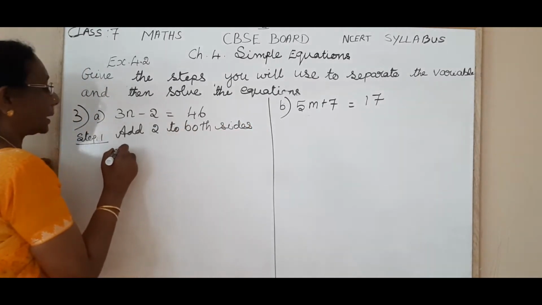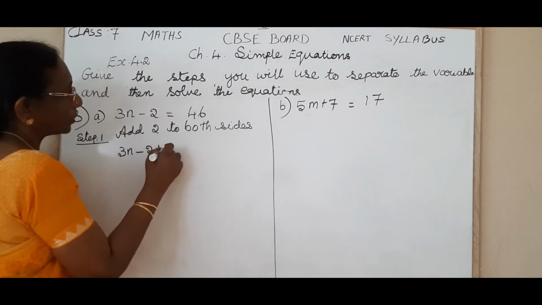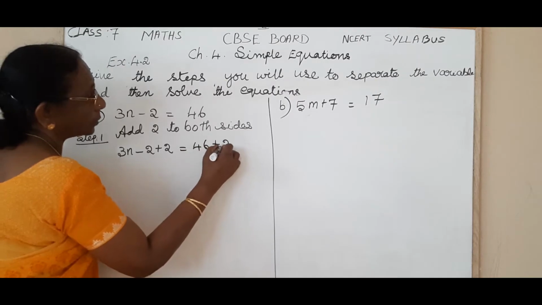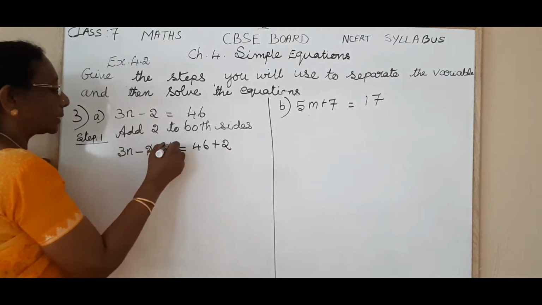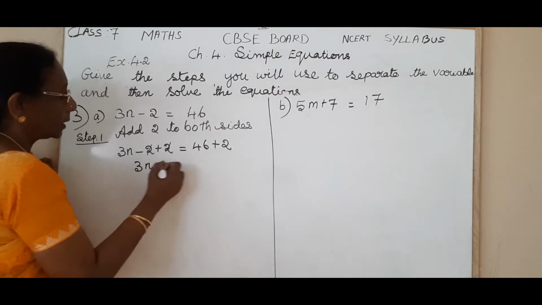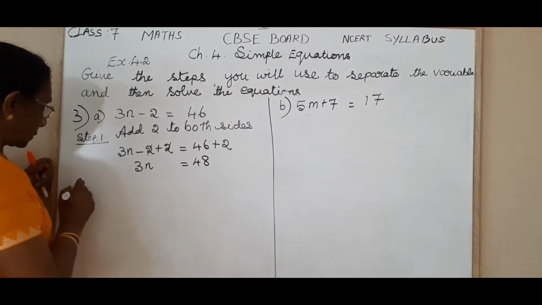So what do you get? 3n minus 2 plus 2 is equal to 46 plus 2. So minus 2 and plus 2 gives 0. So 3n is equal to 48. Now step 2.